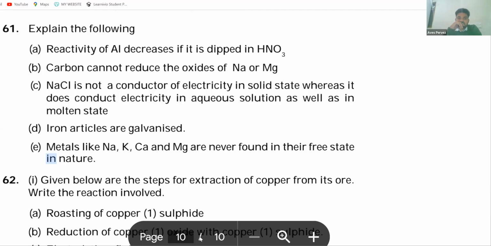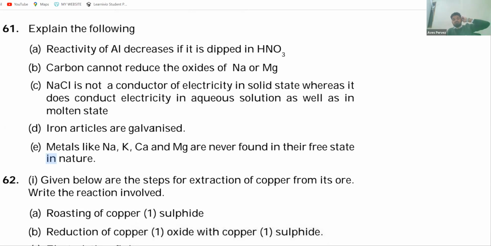Iron articles are galvanized. Can you answer this question? Galvanization is the process of depositing a thin layer of metal on the surface of iron. Why are we doing this? To prevent it from rusting.